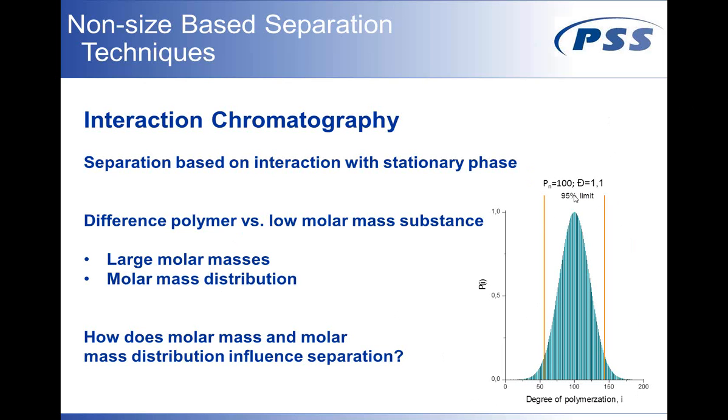And if you would like to pay attention to nearly all molecules, for example, just 95% of our molecules, then you will see that in order to really look at all these molecules, you have to go down to a degree of polymerization of roughly 60 up to in the order of 140 or something like that.